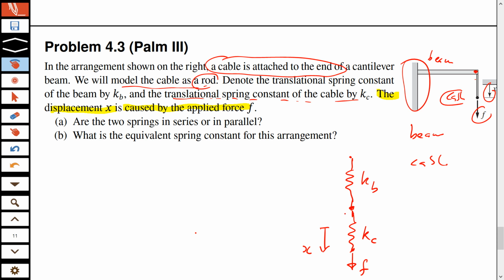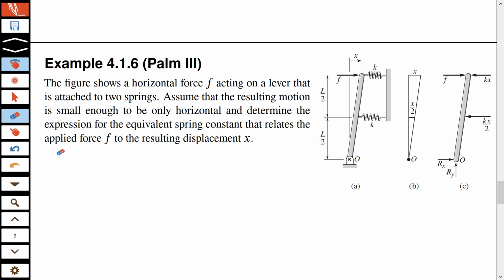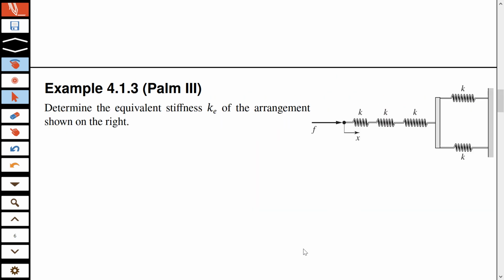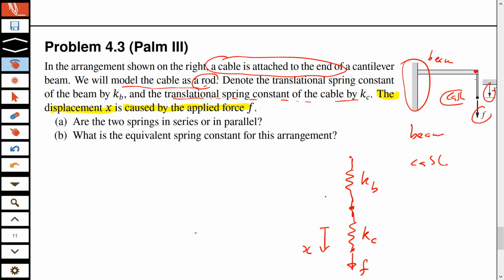अच्छा, अब यहाँ पे इसने इंटरेस्टिंगली जो डिस्प्लेसमेंट शो की हुई है, when I say that when you have two springs in series, this is an overall displacement. अब ये नहीं कहते कि ये x चूंकि इधर है तो सिर्फ k1 का डिस्प्लेसमेंट है, नहीं. ठीक है ना, ये ओवरऑल डिस्प्लेसमेंट है पूरे सिस्टम का. तो यहाँ पे भी ये है कि you have this x, क्योंकि इसने ये x केबल या बीम के लिए शो नहीं किया हुआ, वो उसने अलग शो किया हुआ है by using a symbol. आपको मैं बता चुका हूँ कि जब आप इस तरह का सिंबल यूज करते हैं with an x, so this symbol does not only represent the support, it also represents the equilibrium position.